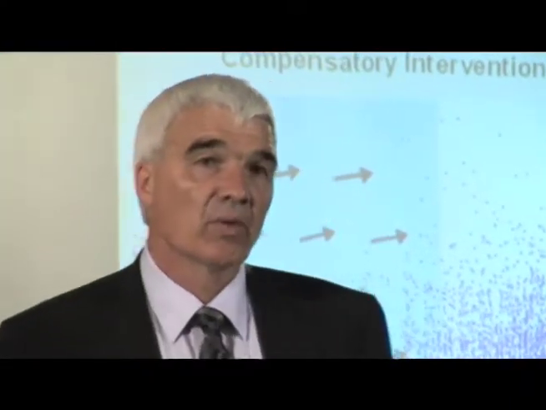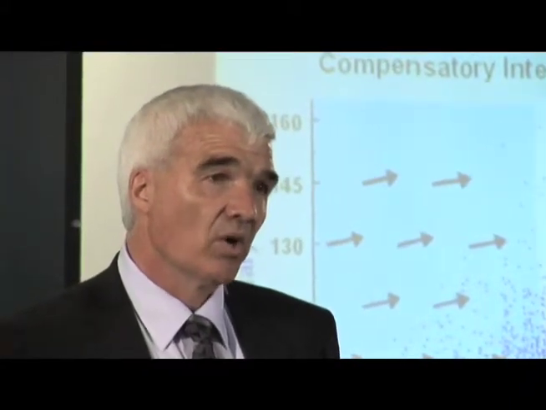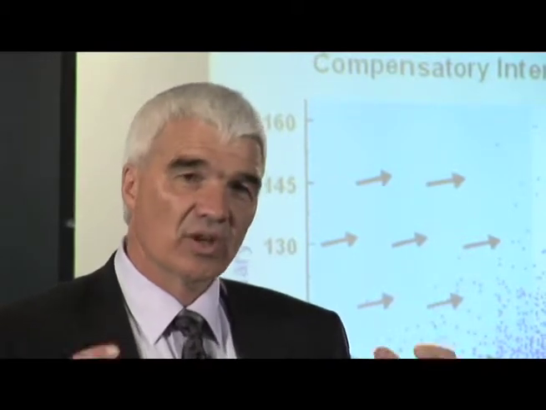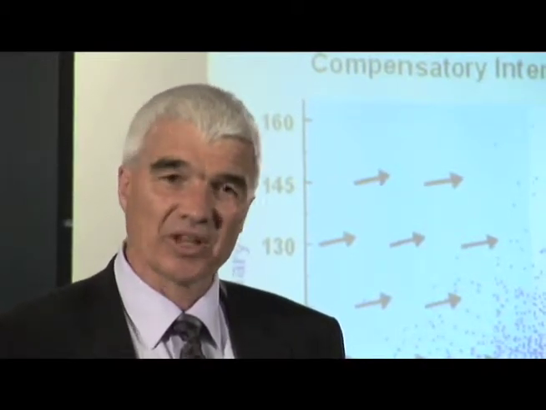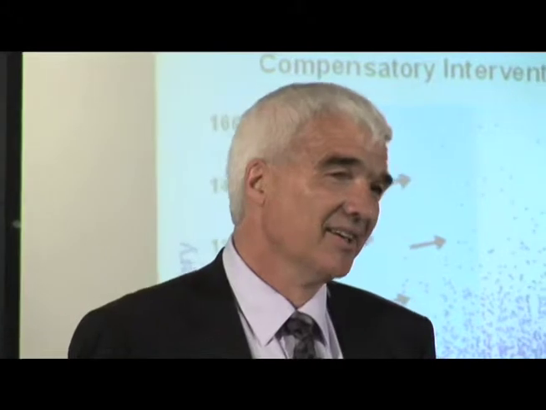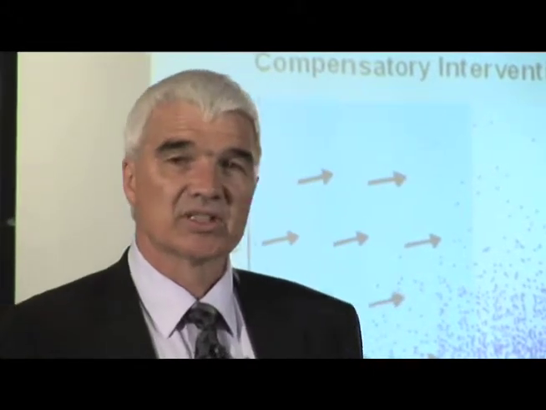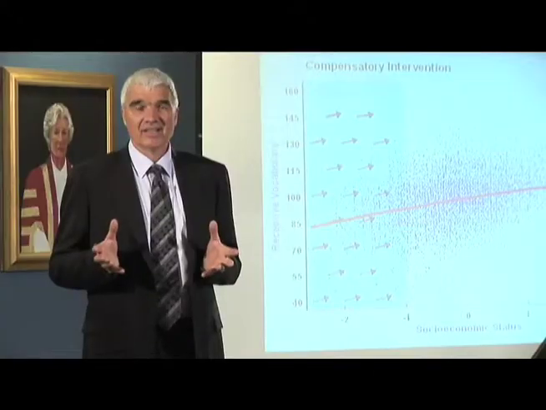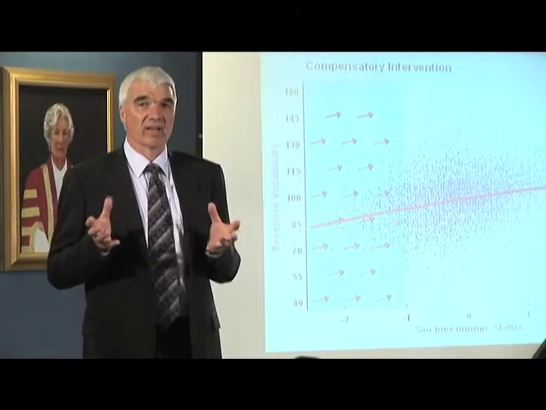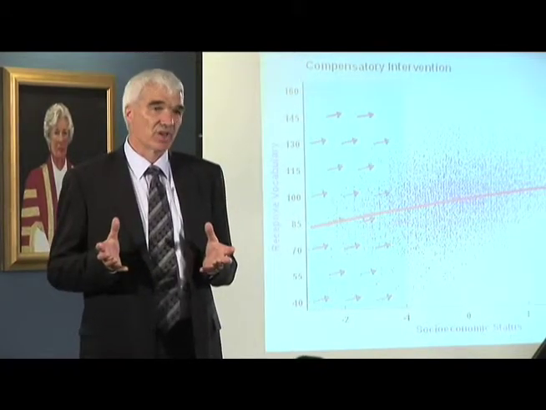The next kind of intervention is a compensatory intervention. With a compensatory intervention, we're not trying to focus on any particular outcome, like reading scores or math scores. We're just saying we're going to try to abate the effects of poverty by giving some kind of compensation.